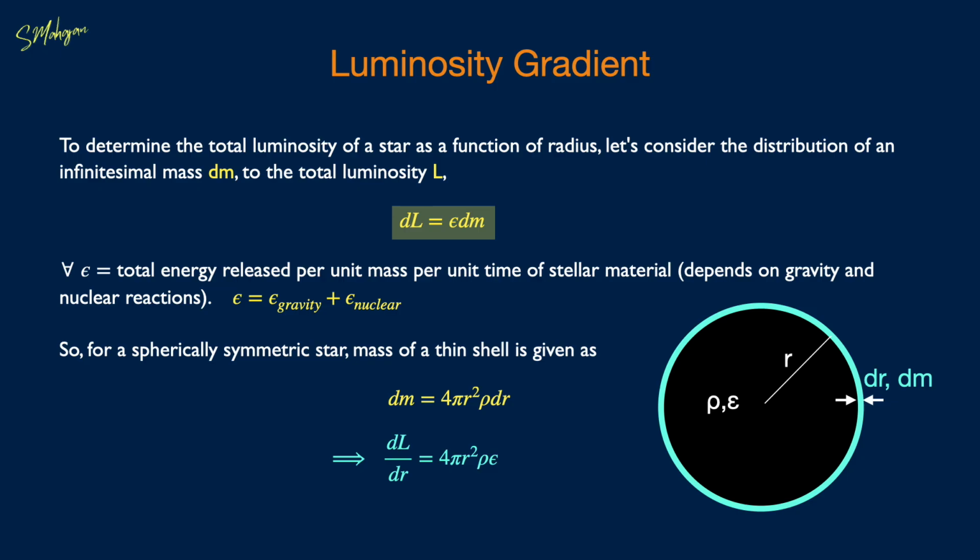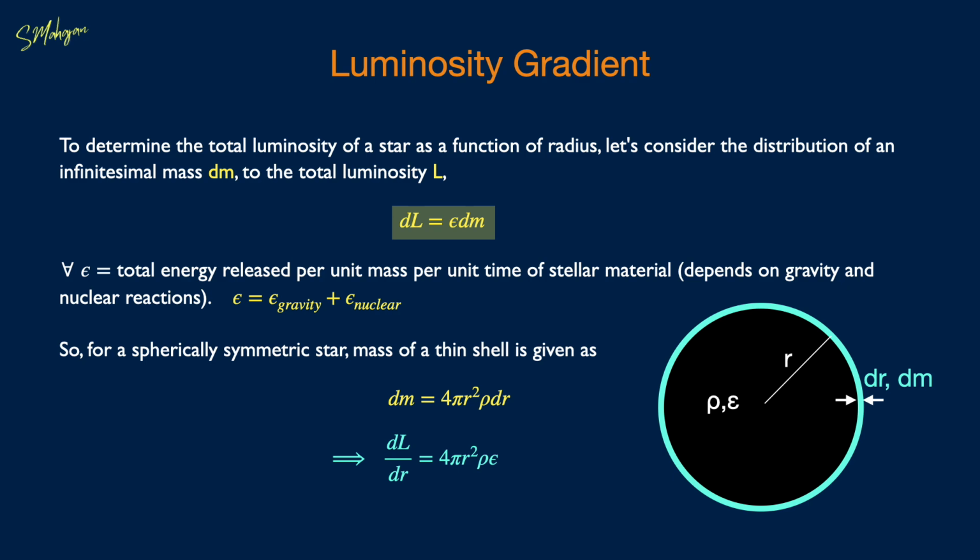So obviously, it depends upon gravity, that is the total amount of mass in the star, and the particular kind of nuclear reactions which are taking place in the star. Refer back to one of our earlier videos about these processes. So epsilon is actually a sum of two different constants determined by the total mass of the star and the particular nuclear reactions which are happening inside the star.